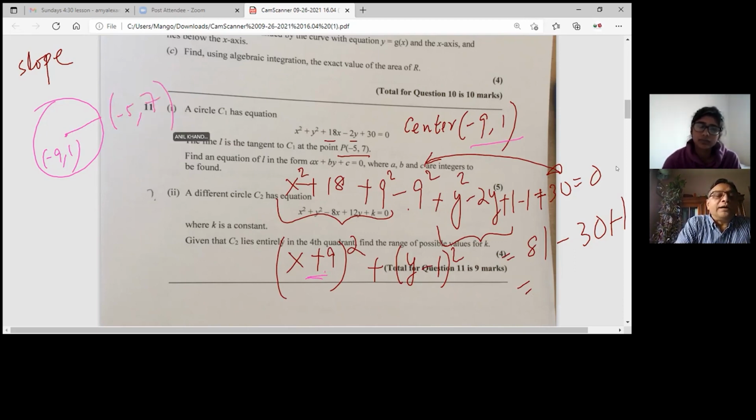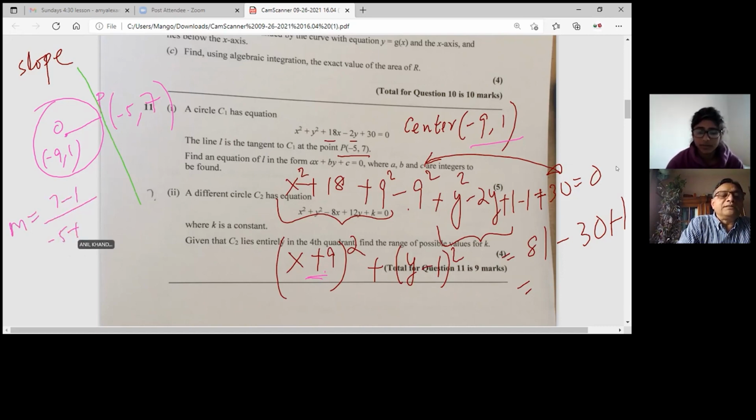So with these two points, let's say O and P, we can find their gradient, and the negative reciprocal will be the gradient of the tangent line. So basically, let's find the gradient m now. Gradient m will be 7 minus 1 divided by -5 plus 9.